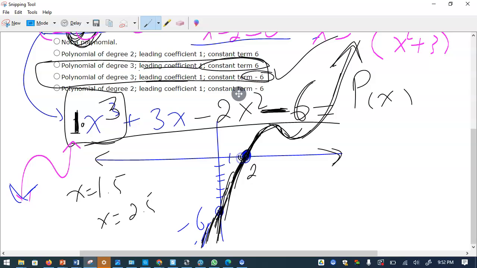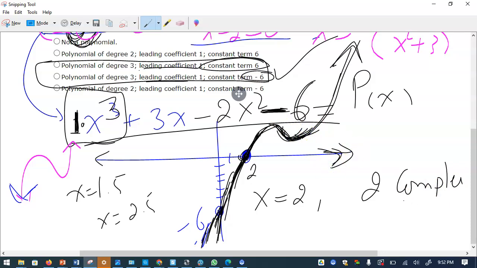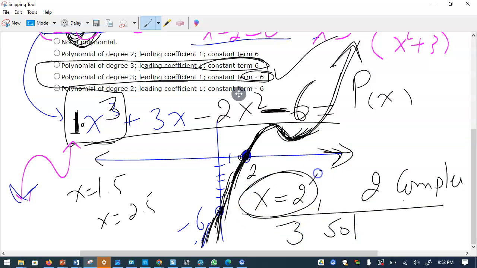So the one real zero is 2, but there are two complex zeros, complex solutions, which do not cross the x-axis. That's the understanding of the three solutions: one is a real zero, and the other two are complex.